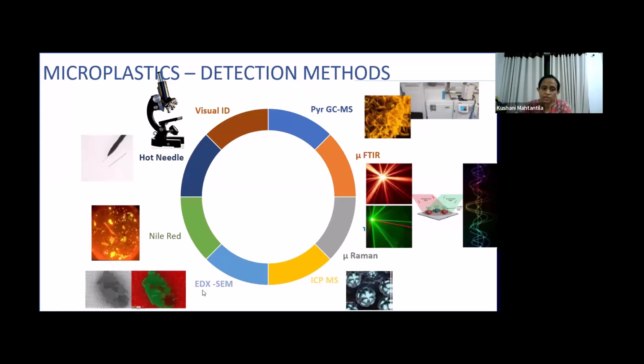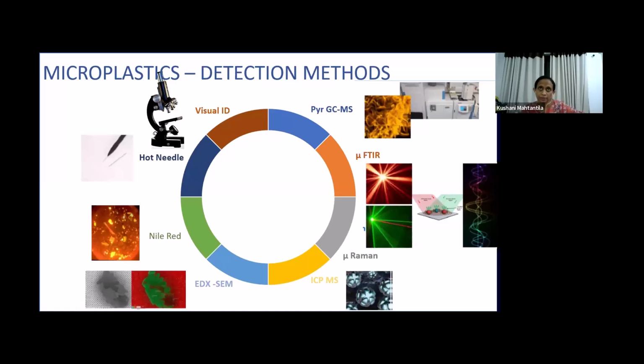Some researchers have used scanning electron microscopic images to analyze the microplastic, and very few researchers have used the ICP-MS method to analyze particles from microplastic to nanoplastic particles. With normal ICP-MS, we cannot analyze nanoparticles up to submicron particles.